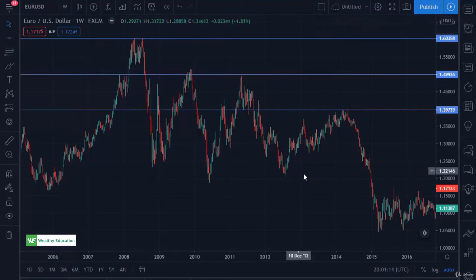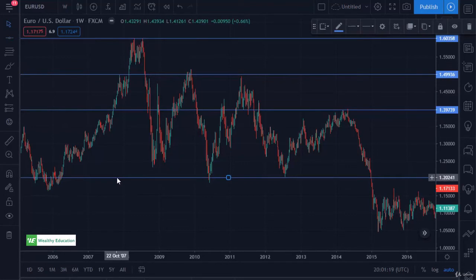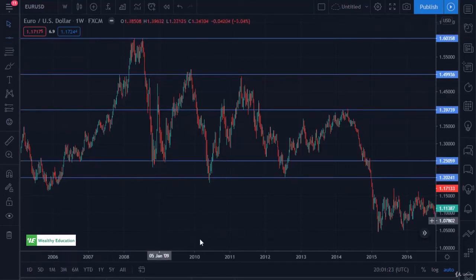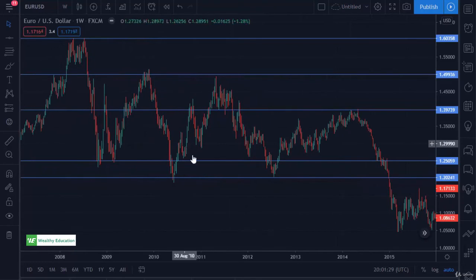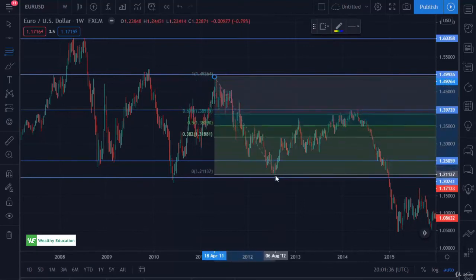Areas where the markets have clearly reacted, right? So what happens is, and this is a little bit of a preview on what we'll be talking about later in the course. So let's draw, for example, from this move down to here.